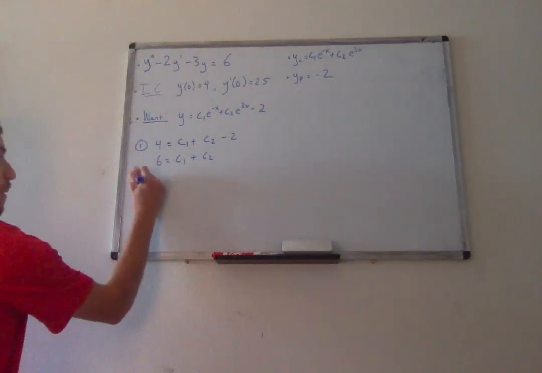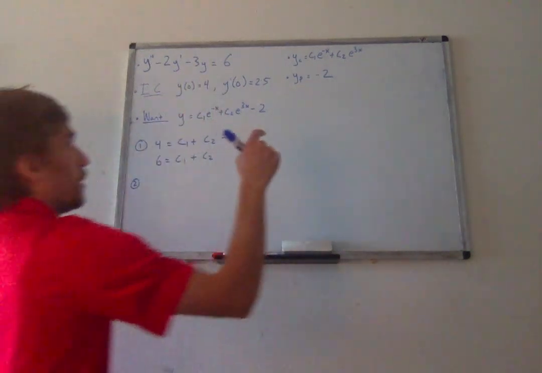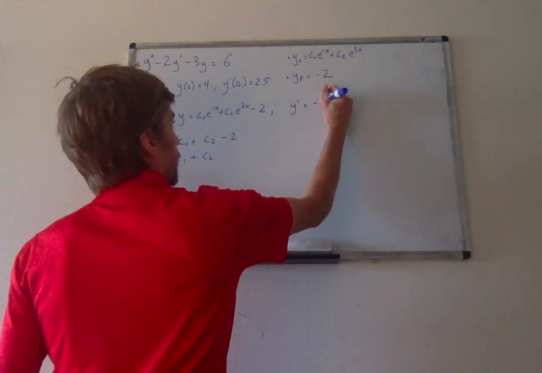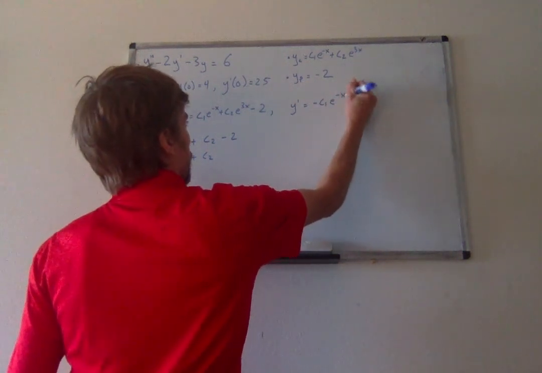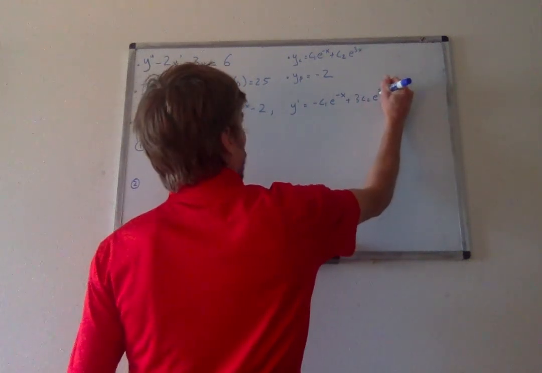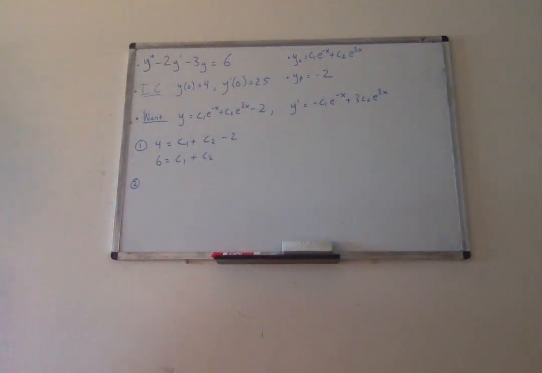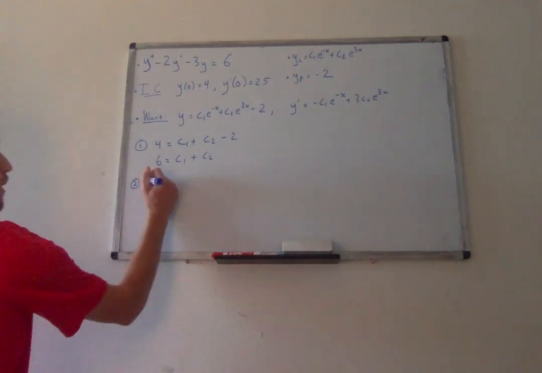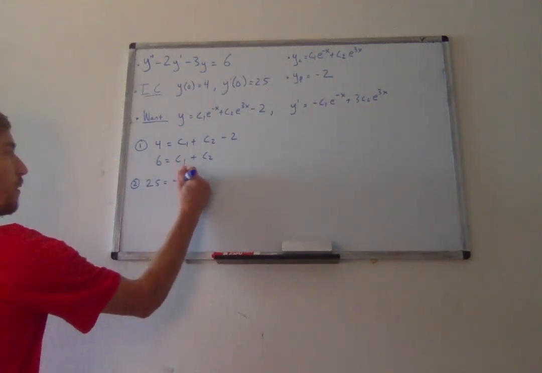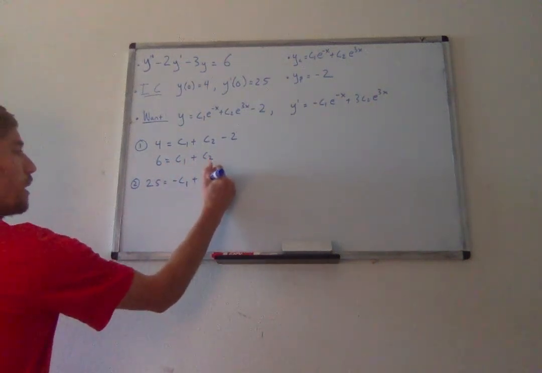Now y prime is equal to negative c1 e to the negative x plus 3c2 e to the 3x. And since y'(0) is equal to 25, we know that 25 is equal to negative c1 plus 3c2.